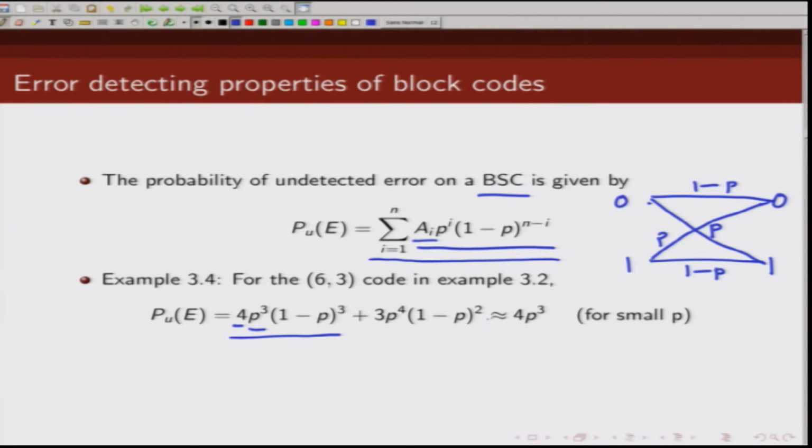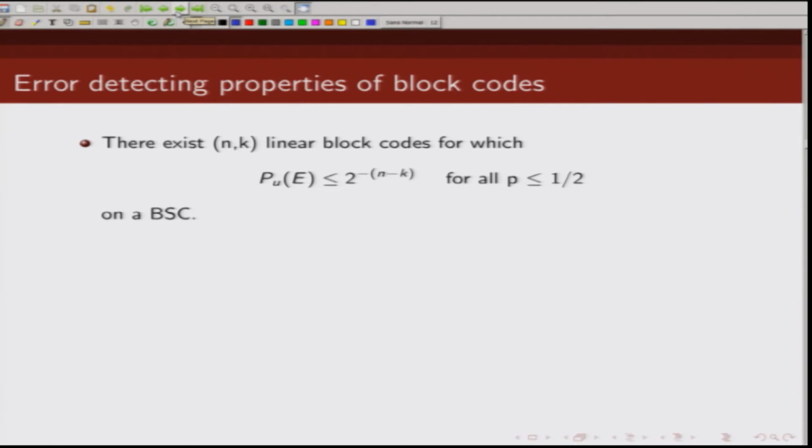And since p is typically small, I can approximate this undetected error probability as 4 times p cube, because 1 minus p will be close to 1, and since p is a small number, p raised to power 4 will be a very small number. So, this is roughly equal to 4 into p raised to power 3, for the case when p is small.